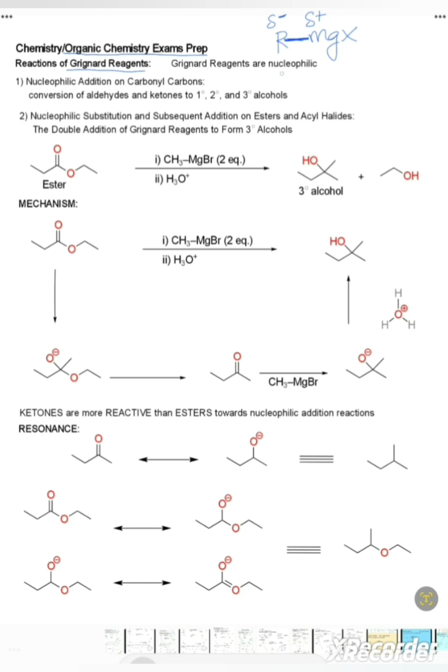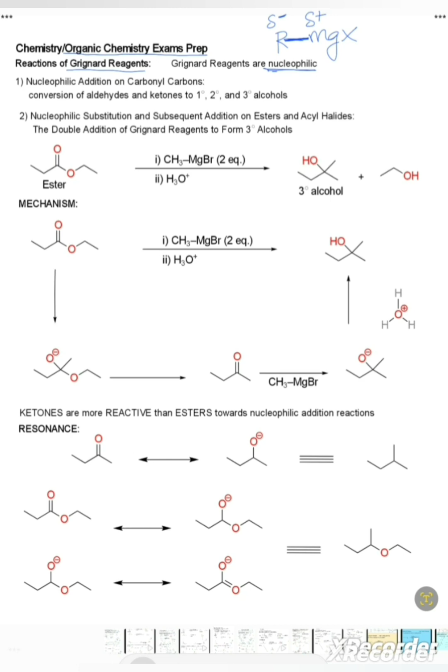So now as we see, just like the Gilman reagents or alkyl lithium reagents, the Grignard reagents are also nucleophilic in nature. So the nucleophilic compounds or species would react with the electrophilic compounds or species.